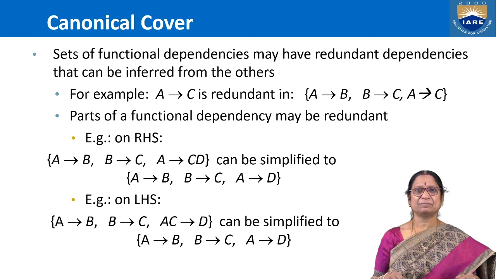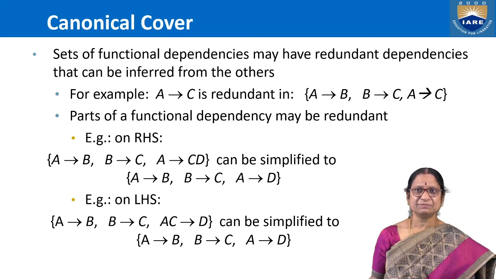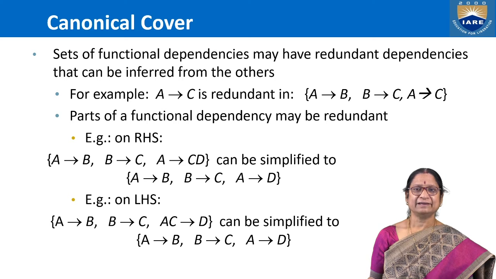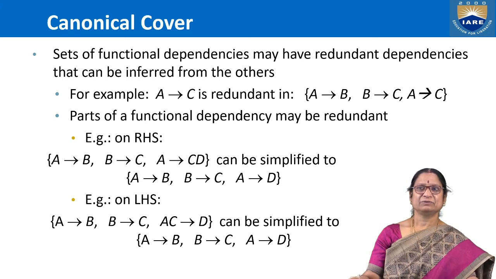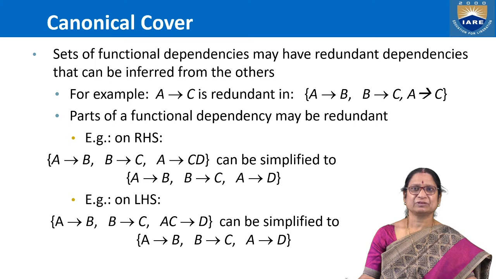Another one, third example: A determines B, B determines C, AC determines D. C is added on the left hand side. So you can write it as A determines B, B determines C, and A determines D. Simplified. Because AC determines D has an additional transitive attribute you can consider.